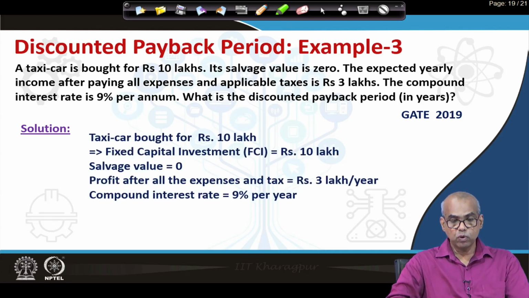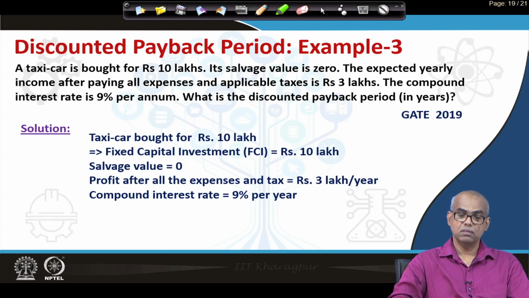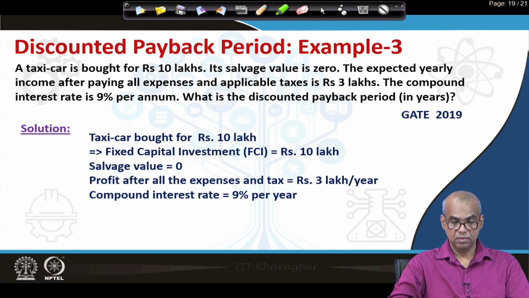So, taxi car bought for rupees 10 lakhs, the fixed capital investment then is rupees 10 lakhs. There is no salvage value. Profit after all the expenses and tax is given as rupees 3 lakh per year, and the compound interest rate is given as 9% per year.